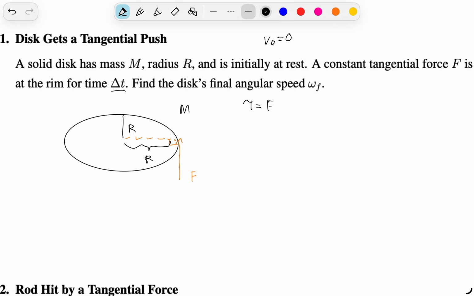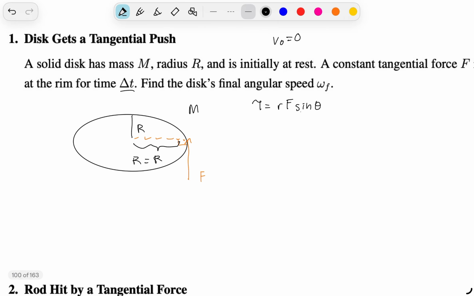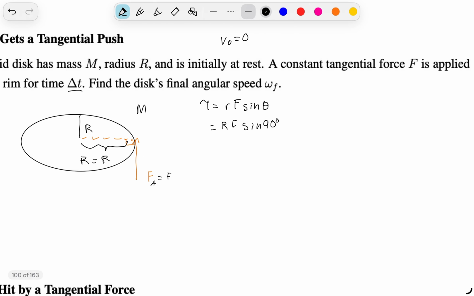We know torque is equal to r times the force exerted times sine of the angle. Our lever arm is r, the force exerted is the applied force F, and our angle is 90 degrees, so we have sine of 90.